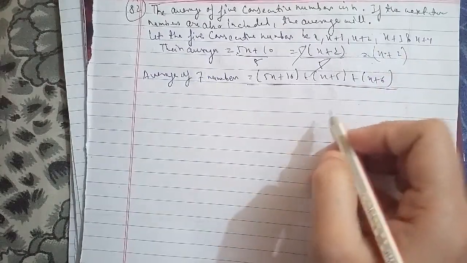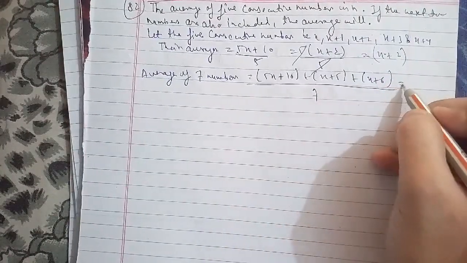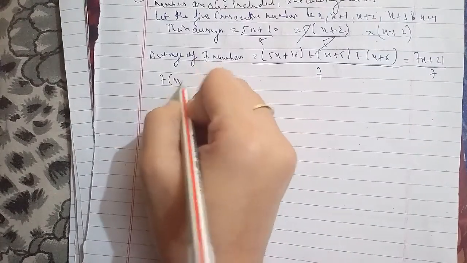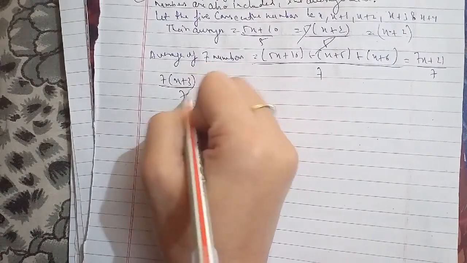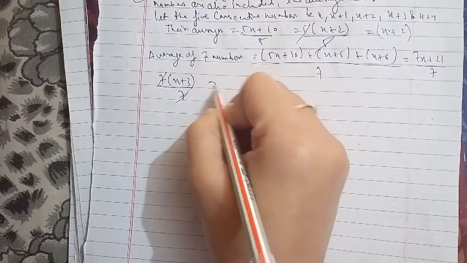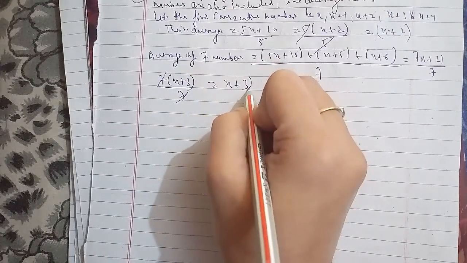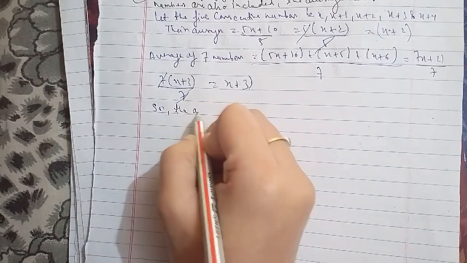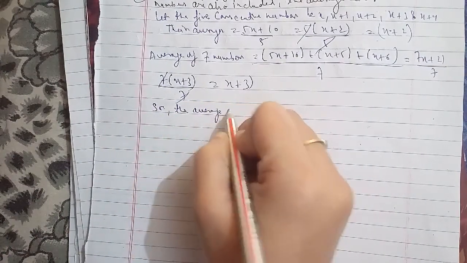We'll take 7 outside, we'll get 7 times x plus 3 upon 7. This 7 we can cancel out, we'll get x plus 3. So the average increased by 1. That will be the right answer for this question as well.